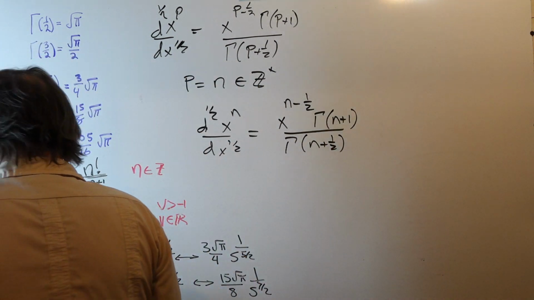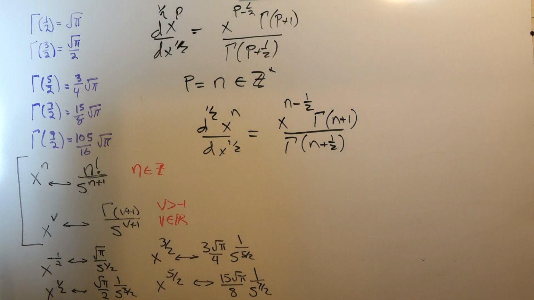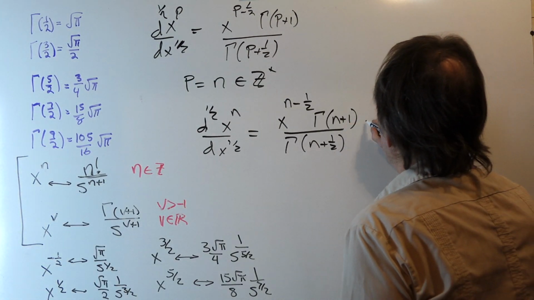Well, from some of our gamma function properties that I gave previously, we can reduce down our gamma functions. Remember that gamma of n plus 1 is n factorial.